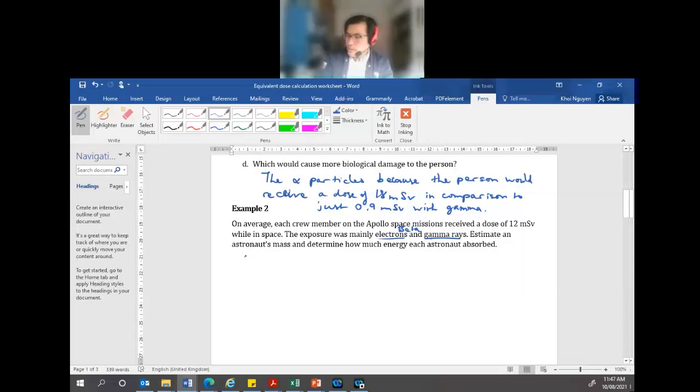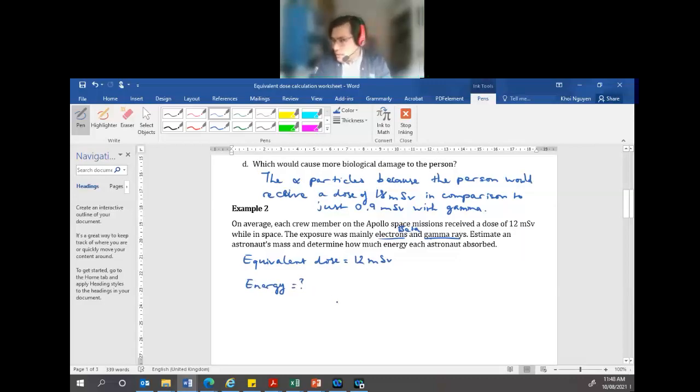Okay, so we are given the equivalent dose, which is 12 millisievert, and we are asked for the amount of energy.